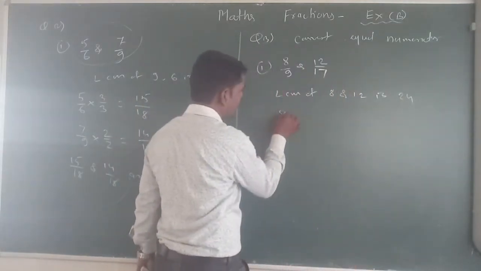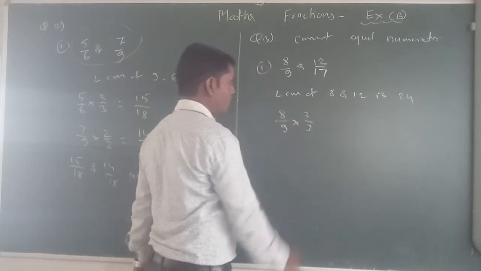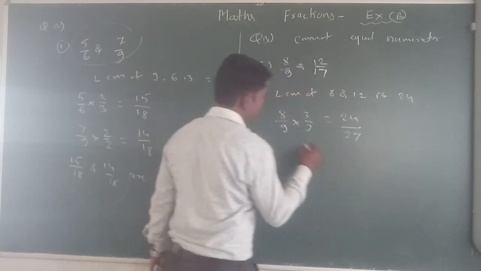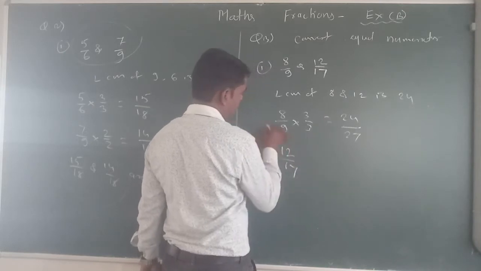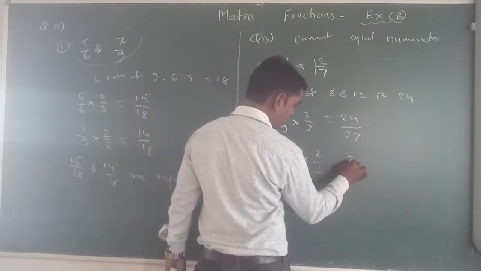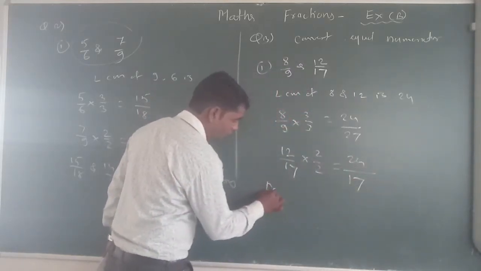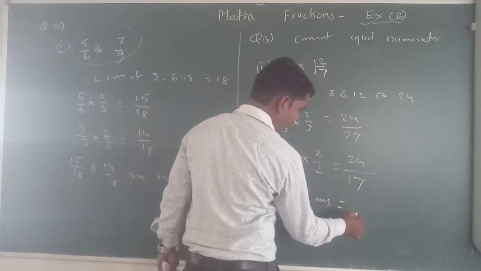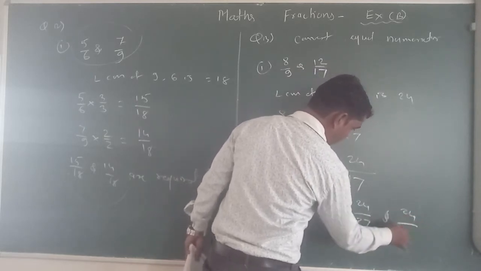The LCM is 24. So 8 upon 9 into 3 upon 3, because 3 eights are 24, equals 24 upon 27. And the second one, 12 upon 17 into 2 upon 2, will be 24 upon 34. So the required answer is 24 upon 27 and 24 upon 34.